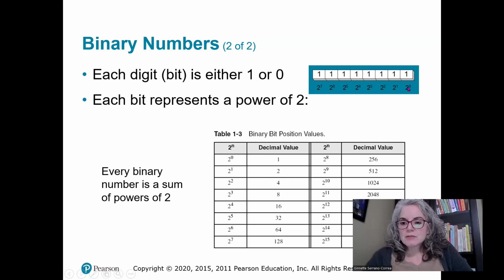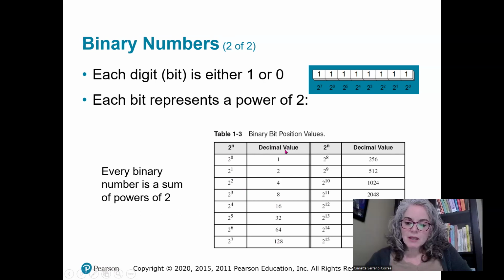So this least significant bit represents 2 to the power of 0, which is 1. 2 to the power of 1 is 2, 2 to the power of 2 is 4, 8, you're just doubling: 16, 32, 64, 128. So each bit represents a power of 2. And here in this table, they show what I just said, 2 to the power of 0, and what it's equal to in decimal value.